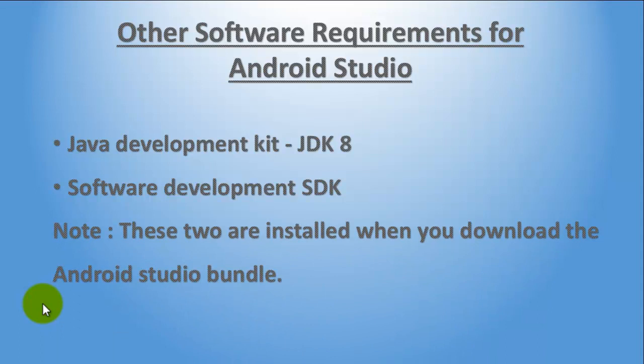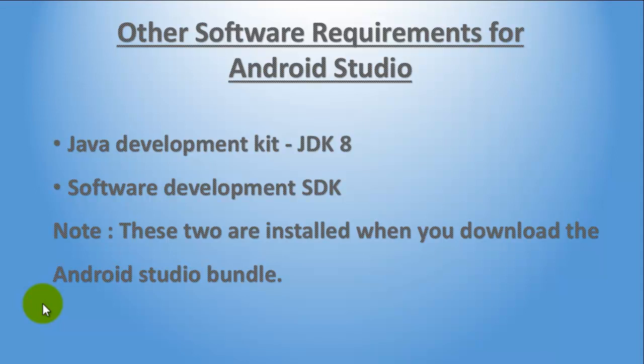These two things, the Java Development Kit and the Software Development Kit, can be installed when you download the Android Studio bundle. If you install the bundle, the recommended Java version and SDK version are installed automatically.